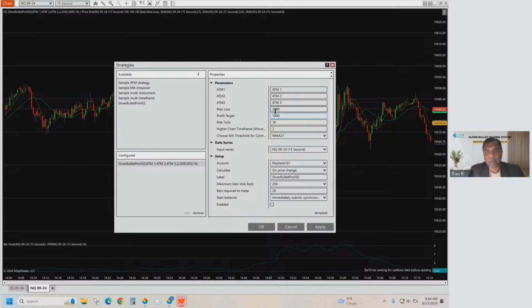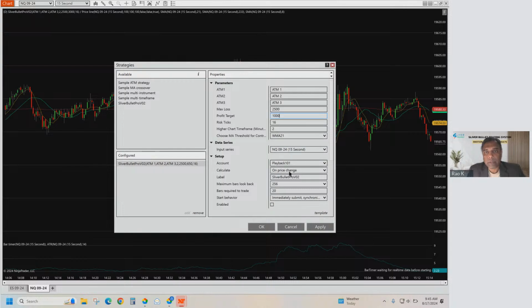So I have used the loss parameter of $2,500 for the session and profit target of $1,000. And there are ATMs, different ATMs, which stand for automated trade management settings. So ATM 1 takes trades with 1 contract, ATM 2 takes trades with 2 contracts, and 3 with 3 contracts.